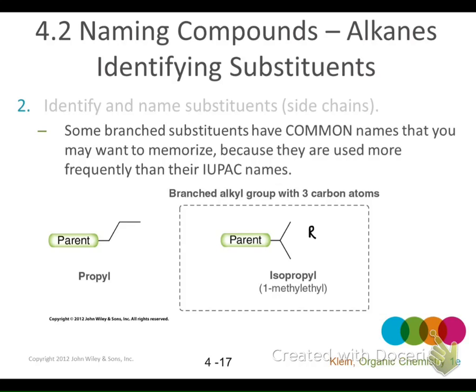Okay, and I'm going to attach an isobutyl group to it. Now, butyl has 4 carbons, right? So this is isobutyl, 1, 2, 3, 4, and it's branched at the end away from the parent chain. It's just the one branch, too.